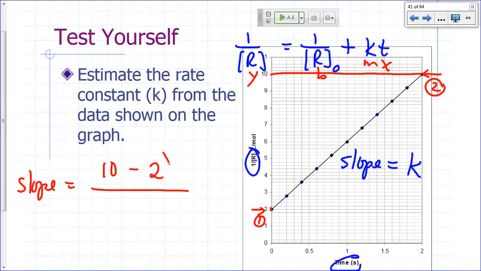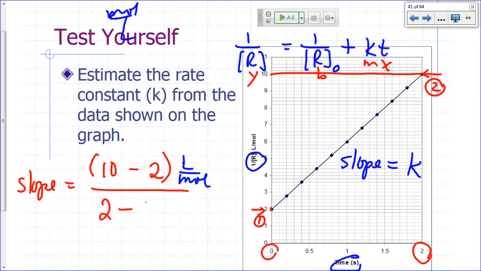So 10 minus 2. And the unit for the numerator is what? It's 1 over r. R is moles per liter. So what's the unit for 1 over r? Reciprocal. So it's going to be liters per mole. Okay? And what's my denominator here? What's my run? This one's at 2 minutes minus 0 minutes. And so my unit for my denominator is minutes.